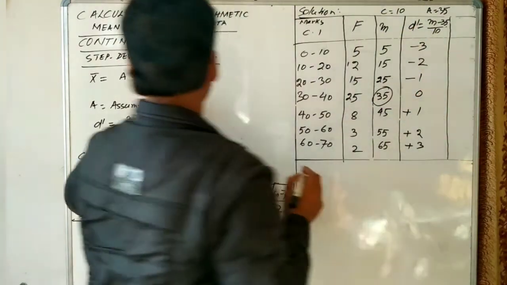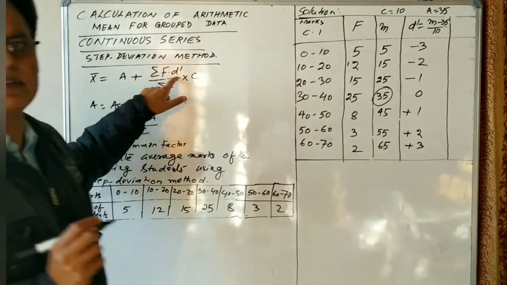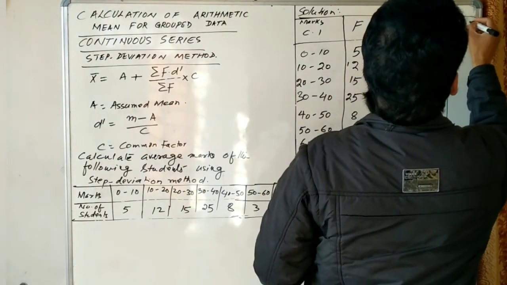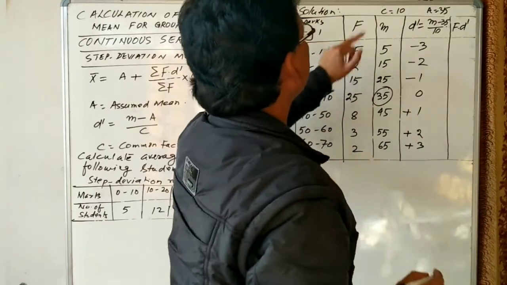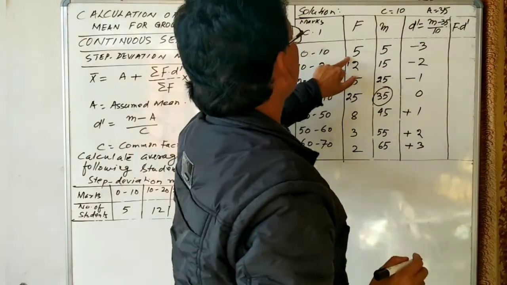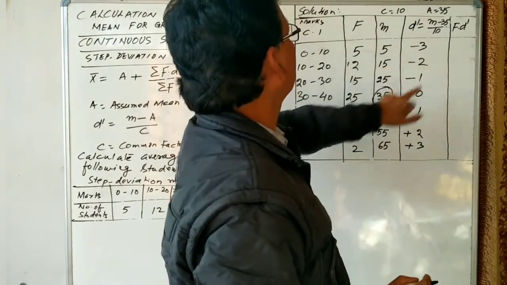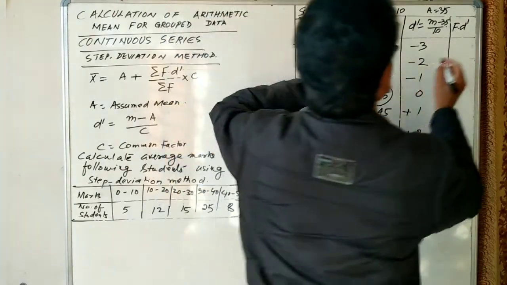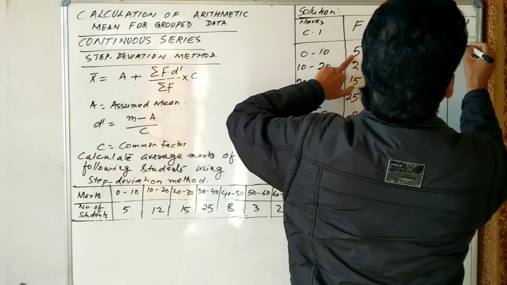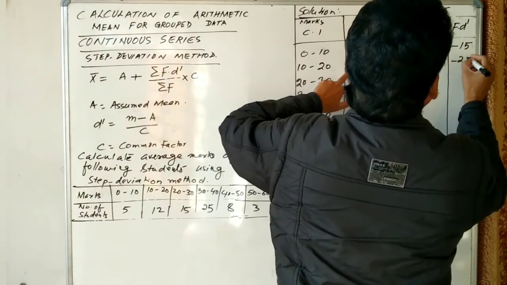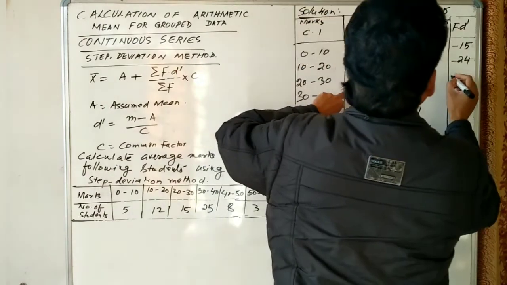Then we have to find out f d dash. Let us see how we can calculate. F is this, d dash is this. 5 multiplied by minus 3, minus 15. 12 times minus 2, minus 24. 15 times minus 1, minus 15.